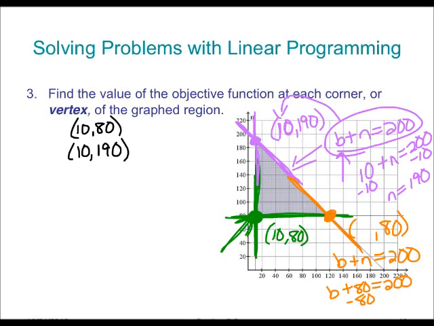Subtract 80. So b has to equal 120. Don't go by the graph. You actually have to figure it out algebraically. So we've got 120, 80 is the third point.